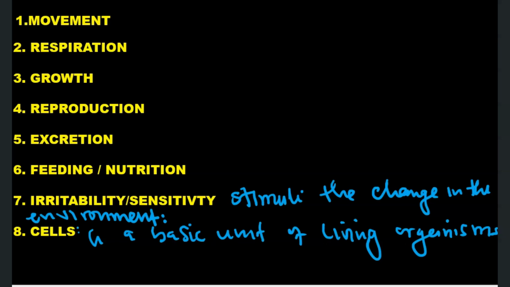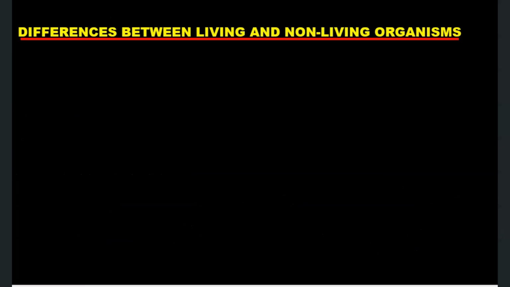Now let us look at the differences between living and non-living organisms. Under characteristics of living organisms, we said they are sensitive, they move, they reproduce. Non-living things are not living, so the difference is that living organisms do move, so in living organisms there's movement, whereas in non-living organisms there is no movement.